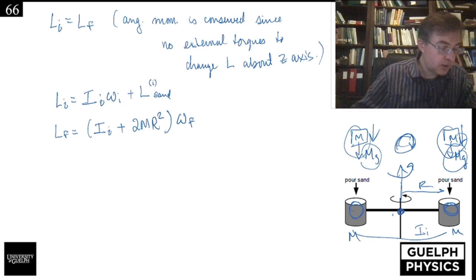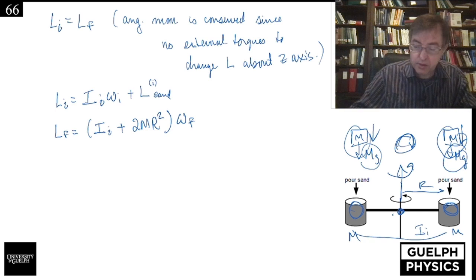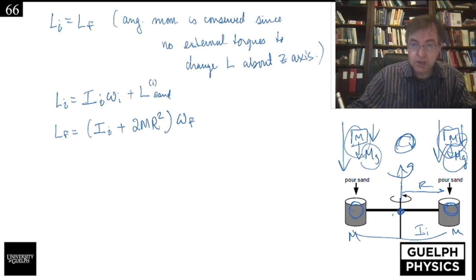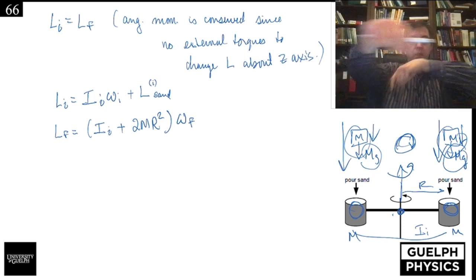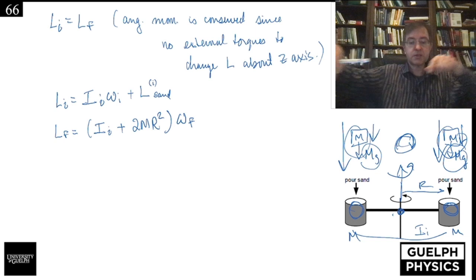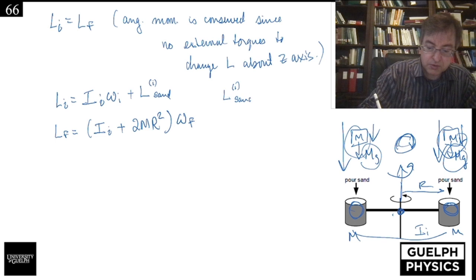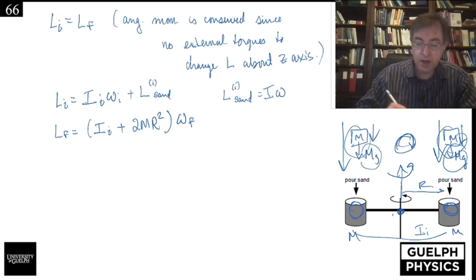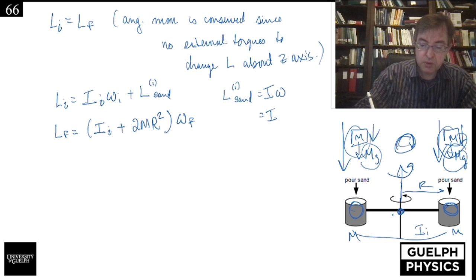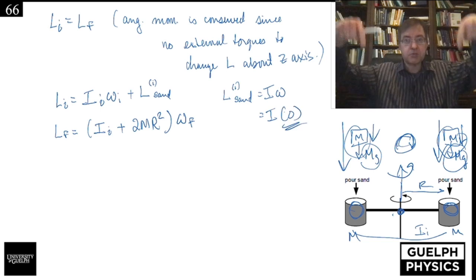Now, let's look at the angular momentum of the sand initially. Well, the sand is moving vertically downwards, so it's actually not rotating around this axis. So the initial angular momentum of the sand, which would be its moment of inertia times its angular velocity, is 0, because the sand is just moving straight down.